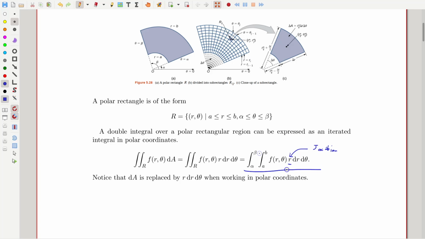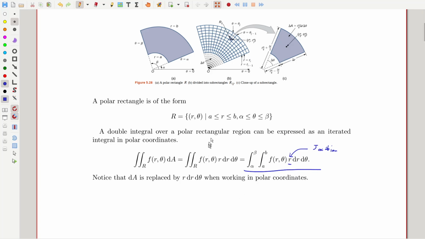So in Cartesian, you don't have this additional Jacobian showing up because there's not really any area distortion. But in polar, as we are seeing in two-dimensional integrals, but also in three-dimensional integrals with cylindrical coordinates and spherical coordinates, there is going to be a Jacobian that shows up due to the warping of the way that we parameterize our space. And that topic will be roughly explained in, I believe, section 5.7.